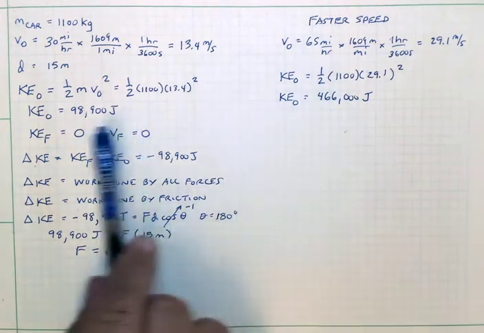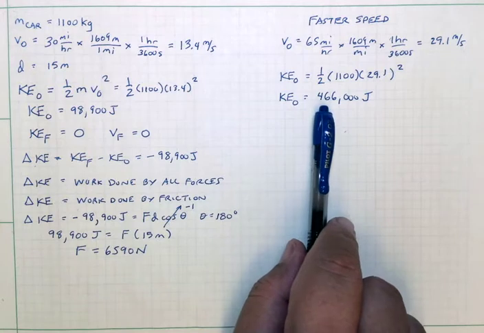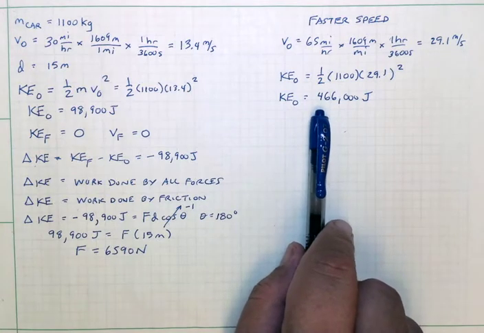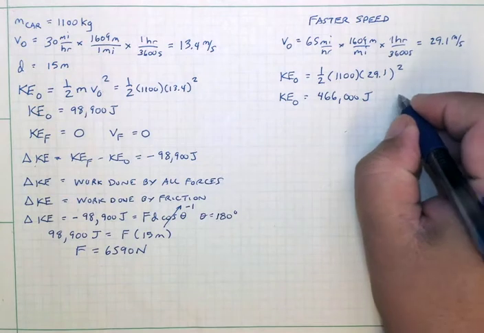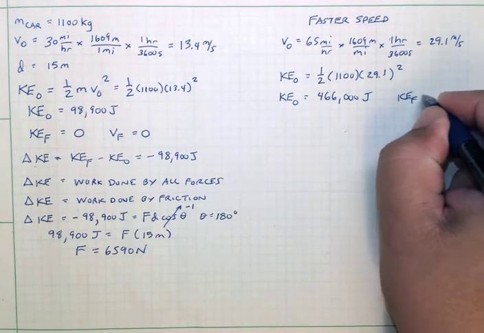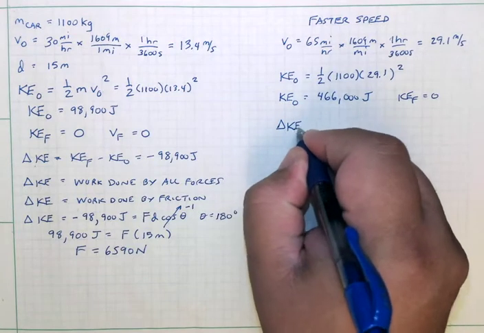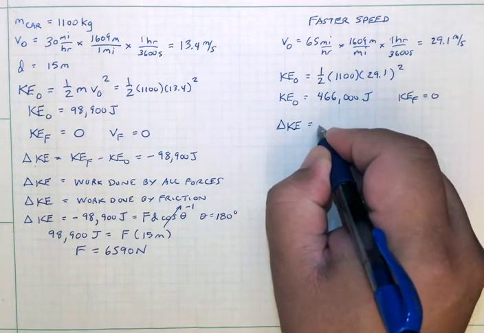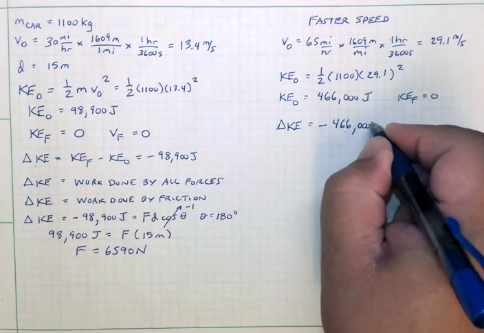You can see that's an awful lot more kinetic energy. In fact, it's about 5 times more kinetic energy, so that's going to have a dramatic effect on the braking distance. The final kinetic energy is still going to be 0. So in this case now, our change in kinetic energy is going to be negative 466,000 joules.